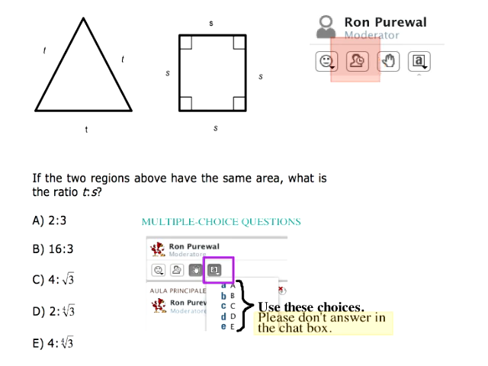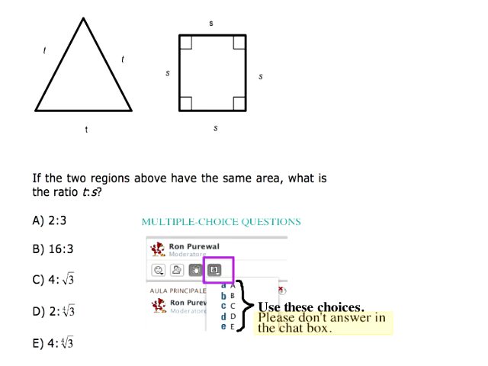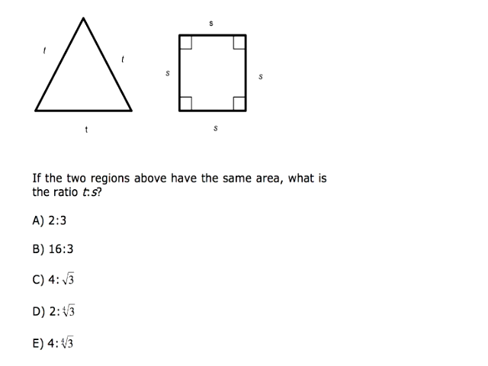If it's clicked, you can still do all of the same things that you can do if it were not clicked. But it just tells me that you're not here. That way we're not waiting for people who are not even here to answer the question. So please use that. All right, let's talk about this. We'll work out this problem in a second, but remember that there are choices.